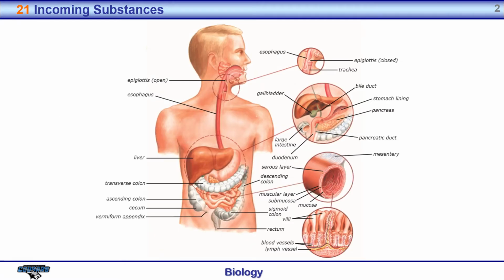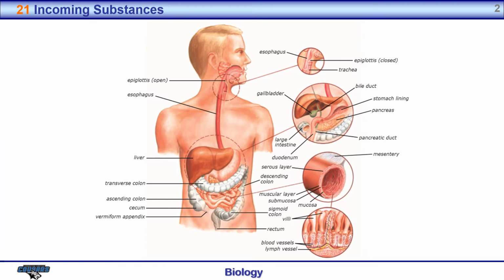These are the structures that you will find that make up your digestive system. Some of these structures that you have studied before already, like words like epiglottis, esophagus, we had trachea, are the ones that were up there in the mouth.